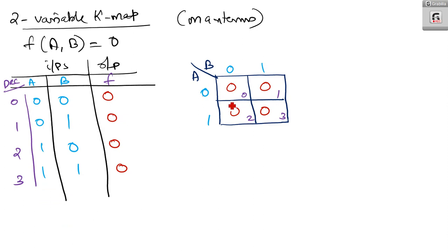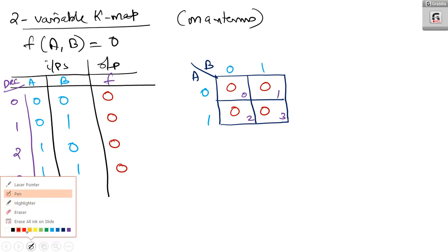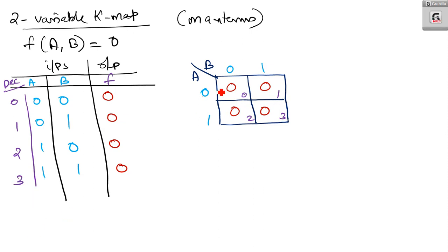Now, how to write the max terms correspondingly? To write the max terms, what you should keep in mind is, if it is 0, you will get A; if it is 1, you will get A bar. Similarly this is B and this is B bar. Now how to write M0?